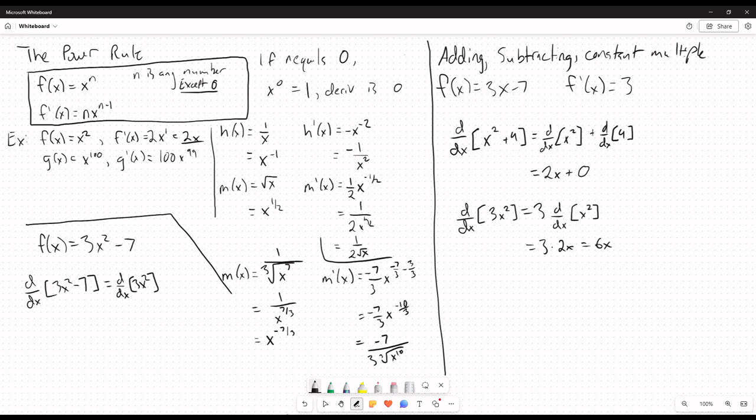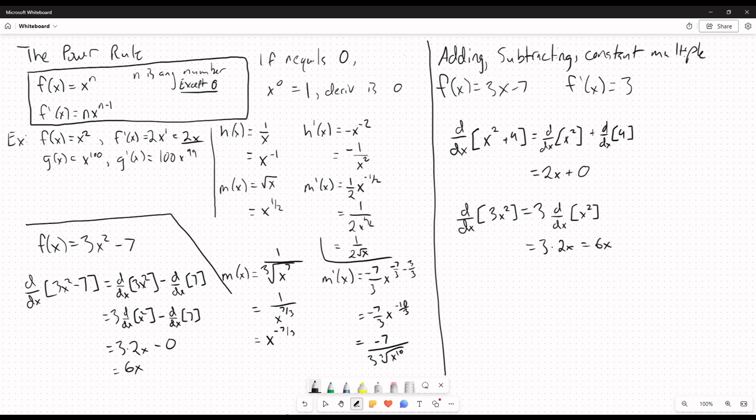Addition and subtraction are not really different in any meaningful way here, so it's just minus the derivative of 7. But that's also going to be 3 times the derivative of x squared minus the derivative of 7, which will end up being 3 times 2x minus 0, which will equal 6x.